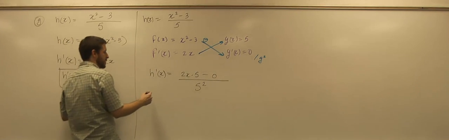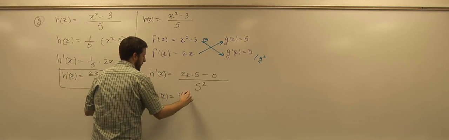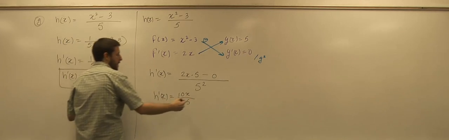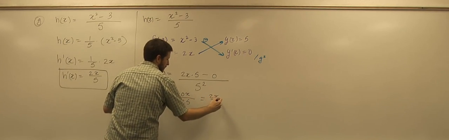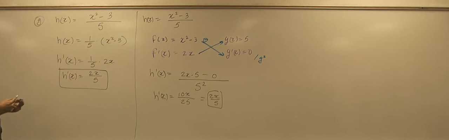So then we can probably simplify this. 10x over 25, or if you reduce, the 5 goes in the top and bottom, 2x over 5. So you get to the same place, but you just waste a lot of time.